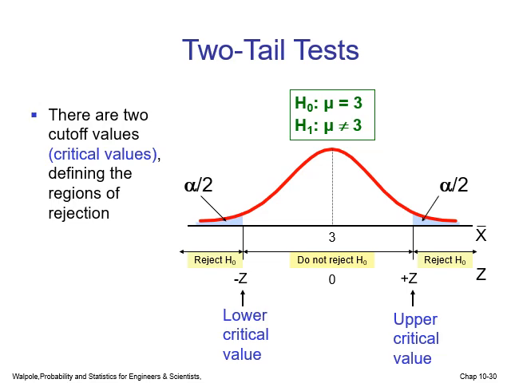So as I mentioned earlier, if we have a two-tailed test, we divide alpha by 2 and put it on both ends, lower and upper. We have two cutoff values or critical values, and these define the rejection region of this test.